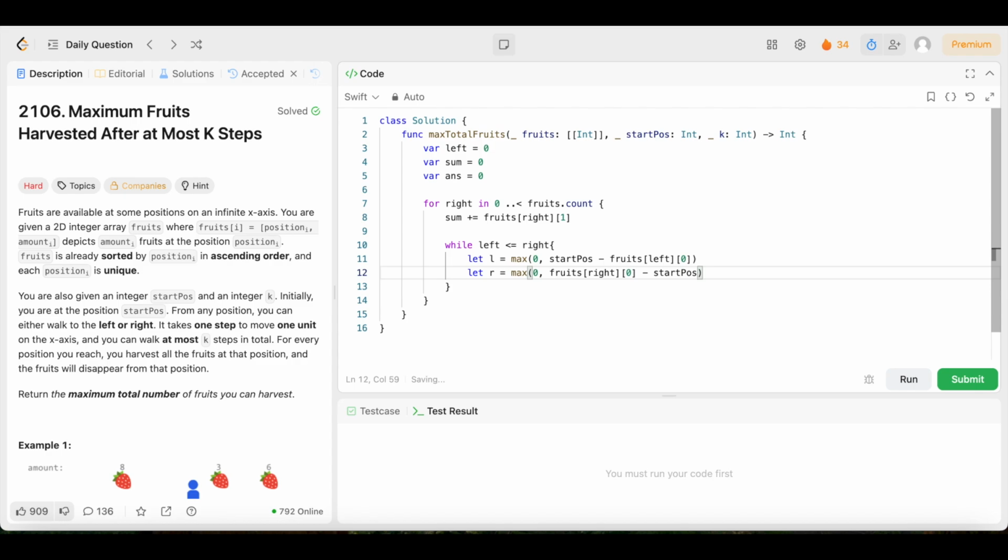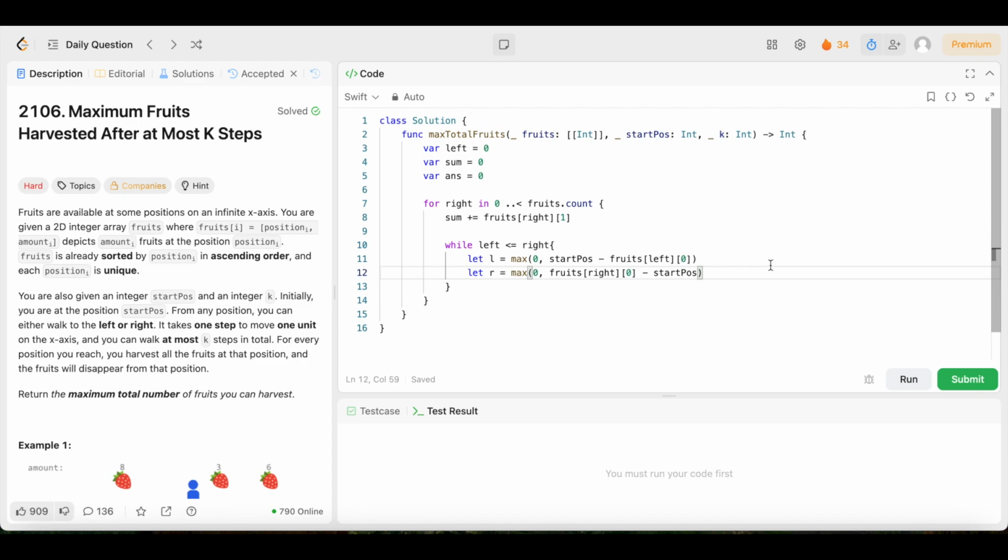Boom. Now we're going to use a formula which is going to get us the shortest walking distance to collect all fruits. For the first case we're going to go left first and double back to right, or we're going to go right first and double back to left. If either path is within k steps, then we can keep the window.